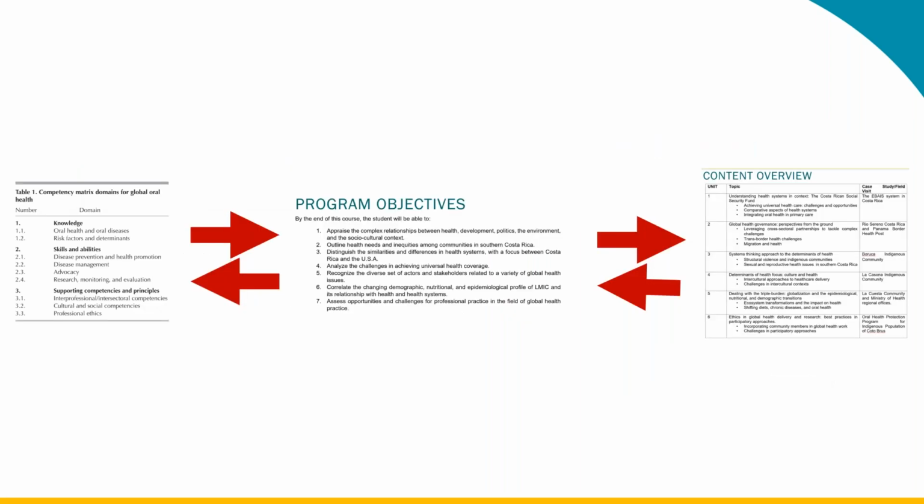Okay, so what I'm going to do now is try to link these three and iterate a way in which I know that these themes, activities, and field-based learning are meeting the program objectives, which at the same time are meeting the competencies. So when I'm designing, I take competencies, programs, themes, and activities.